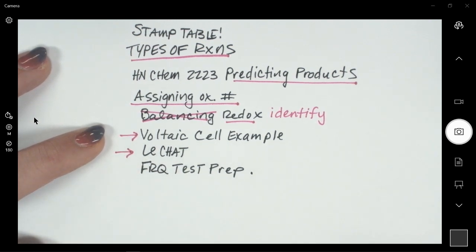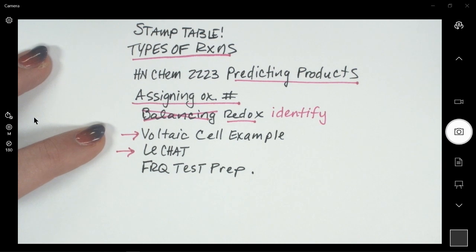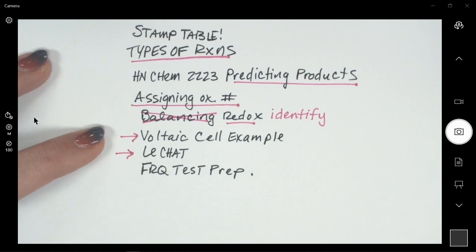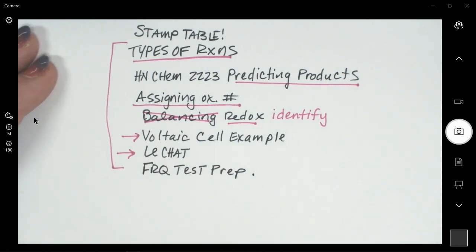The worksheet you have right now is very similar to what you will have to do on the test. It is all FRQ. There are no multiple choice. You took those with the quizzes.